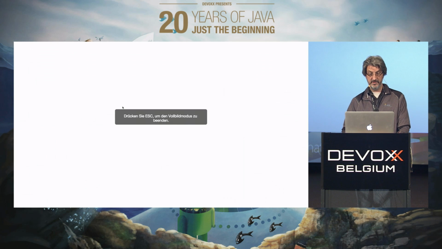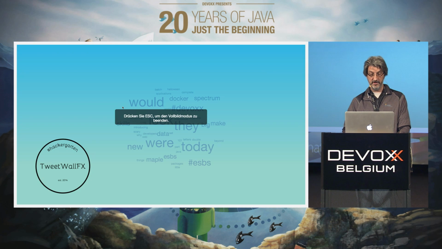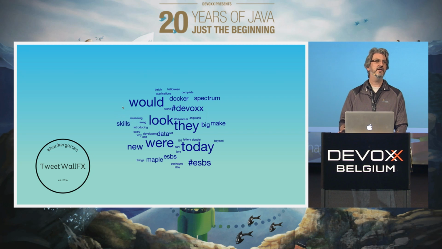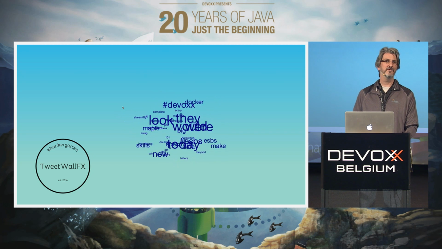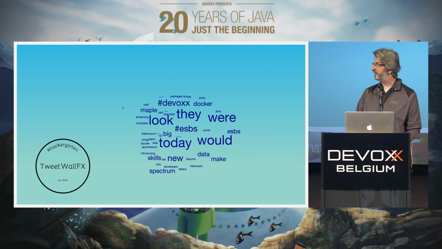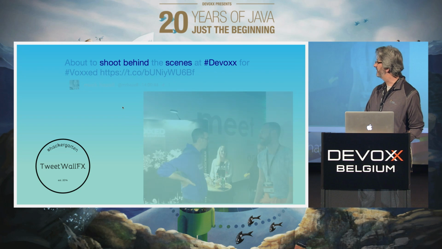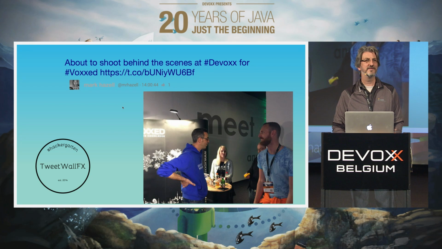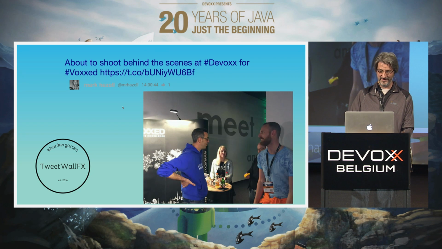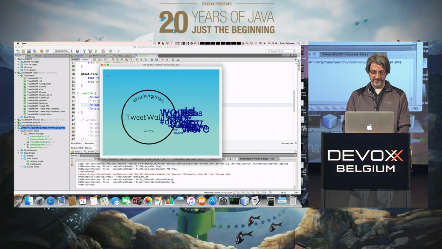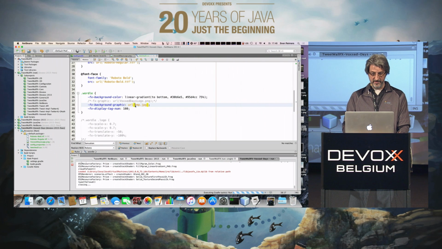And you will see a very generic one, so you already see the Voxxed colored gradient. I just picked it from the logo once more. And if you don't provide your own logo, it just shows the TweetWallFX logo. So you see I'm not very good at graphic stuff. So now let's put in the logo.